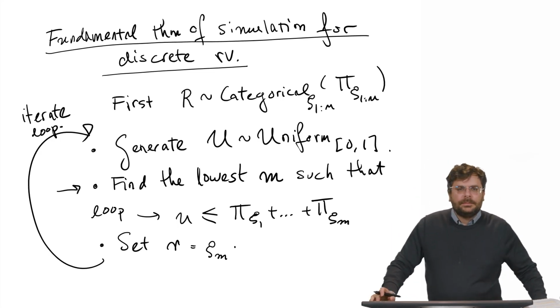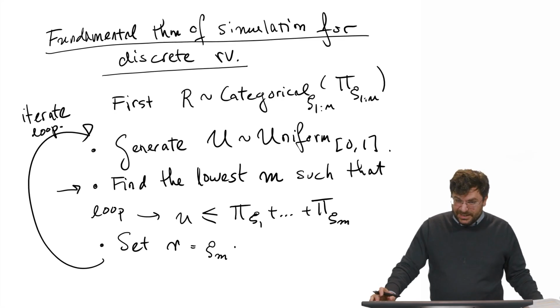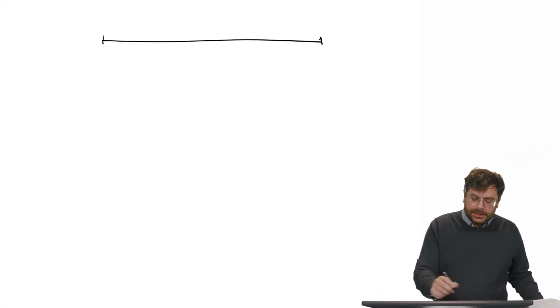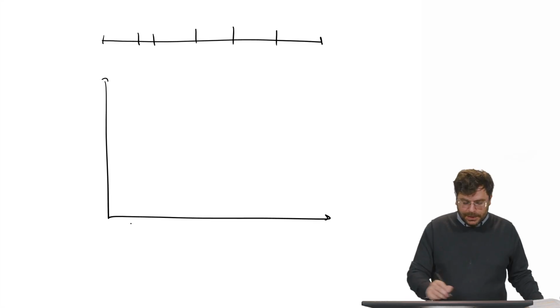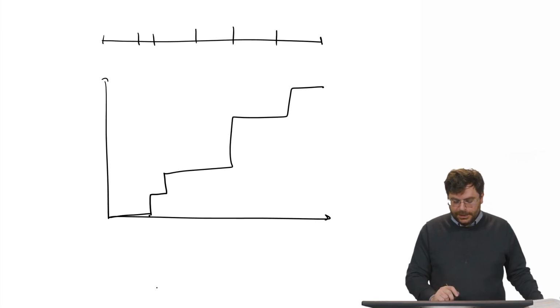Okay. So again, let's draw graphically what this would look like when we draw samples from very many discrete random variables. Again, rather than have a stick broken up into multiple parts, I'm going to draw something that looks plausible.